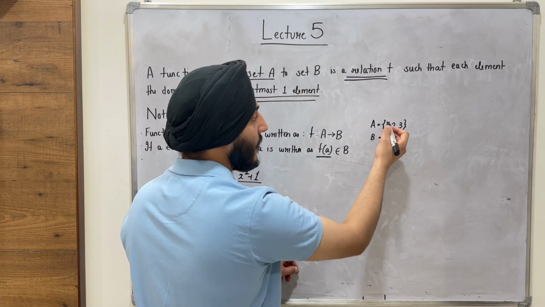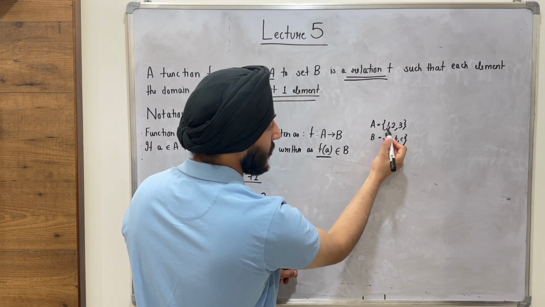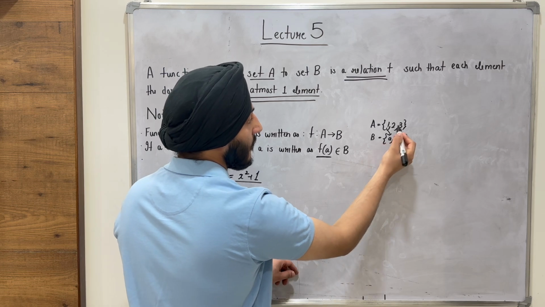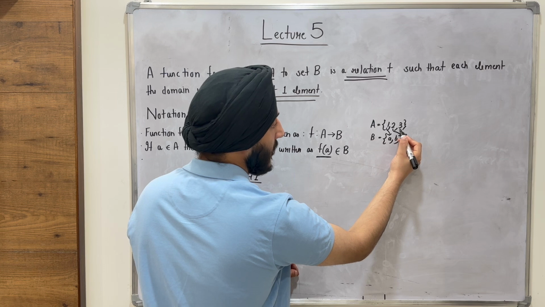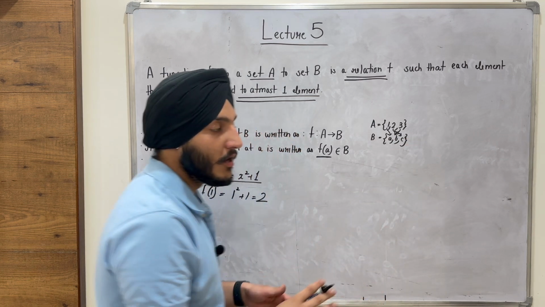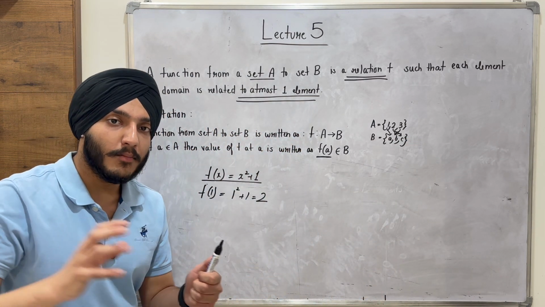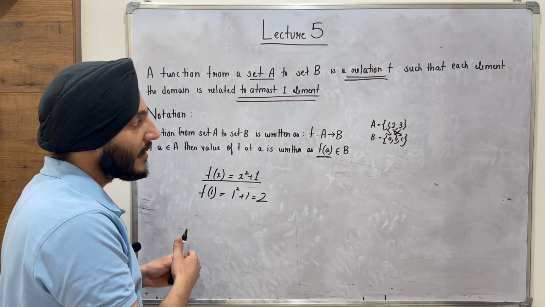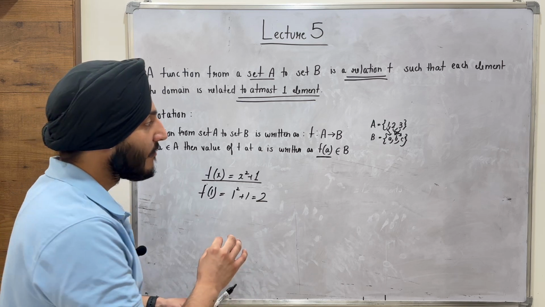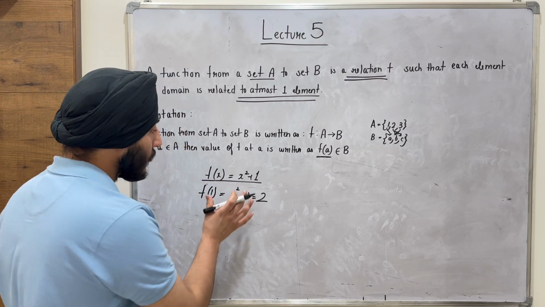So it could be that when I input 1 into the function, it results in a. Maybe if I put 2 into the function, it results in c. Maybe I put 3, it results in b over here. So the basic idea is, I put some value from this set over here and it results in some kind of value in the other set. I'll try to give another example, right? Think about this over here.